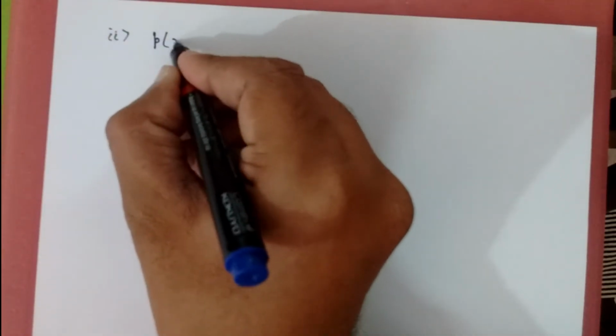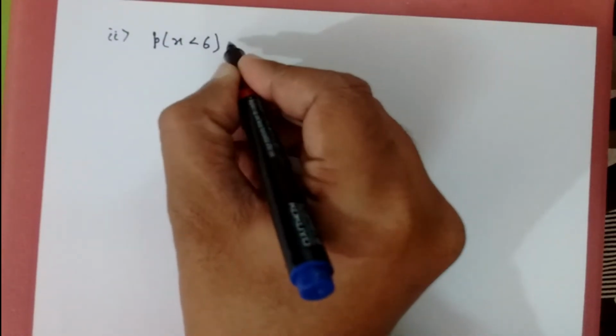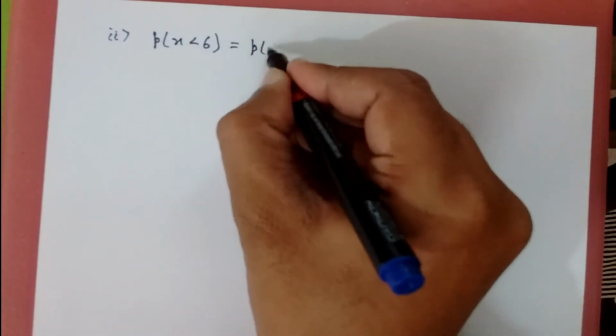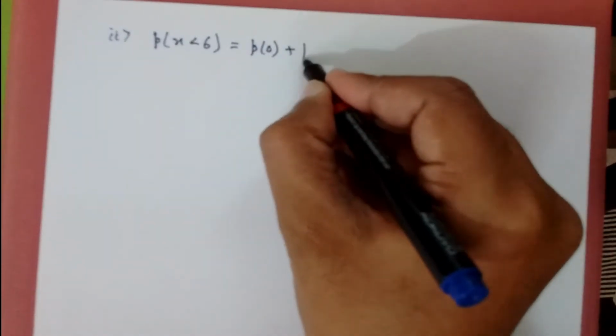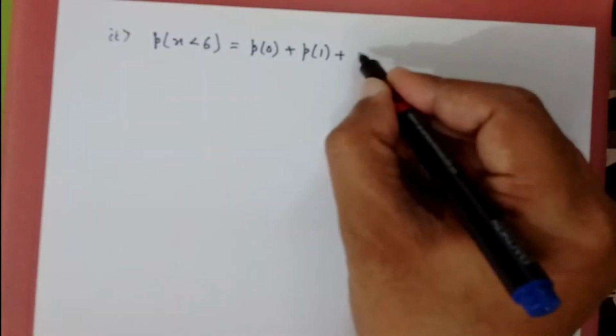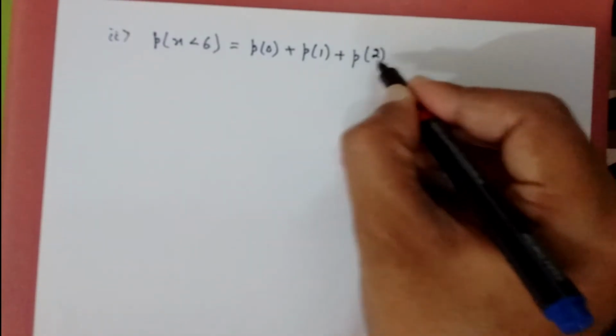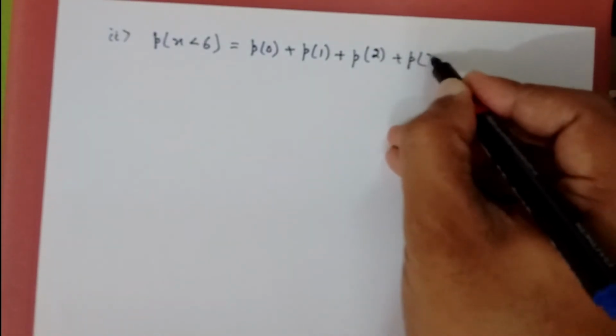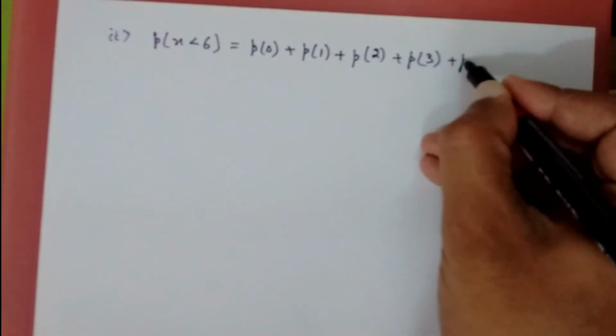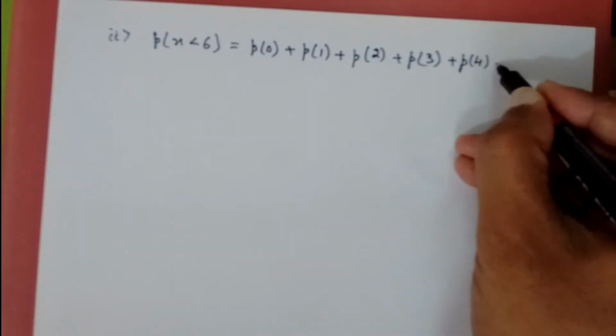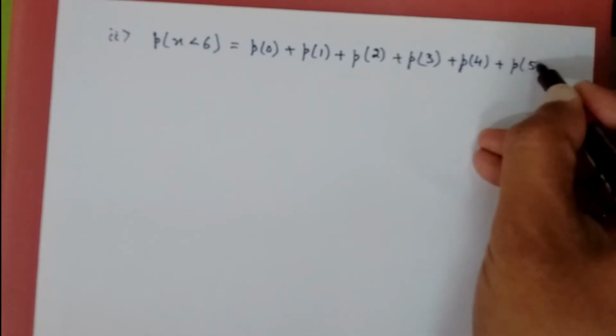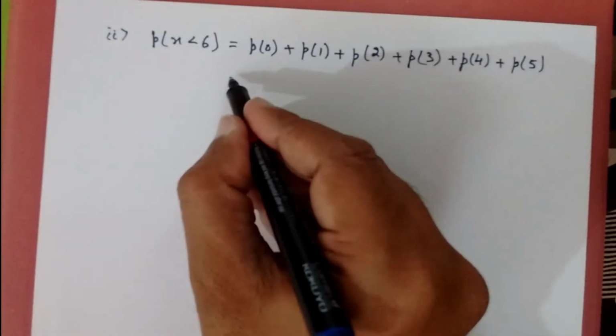So p of x less than 6 will be equal to p of 0 plus p of 1 plus p of 2 plus p of 3 plus p of 4 plus p of 5.